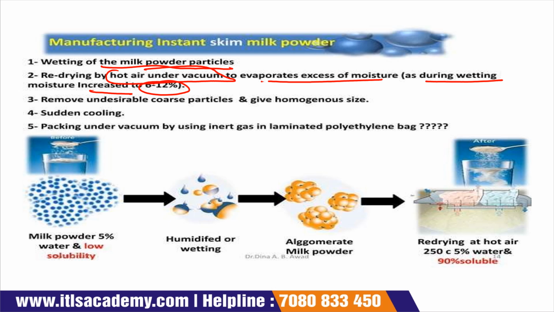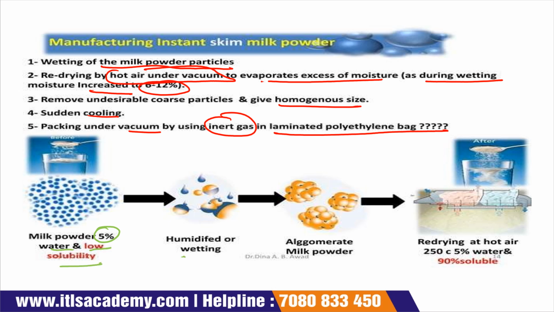Then the undesirable cones are removed, which gives a homogeneous size, and sudden cooling is performed, and then it should be packed under vacuum using inert gas in a laminated polyethylene bag. Here you see milk powder with 5% water and low solubility.